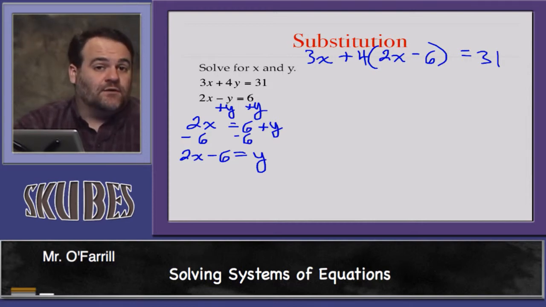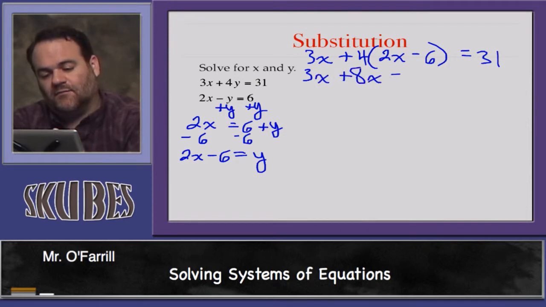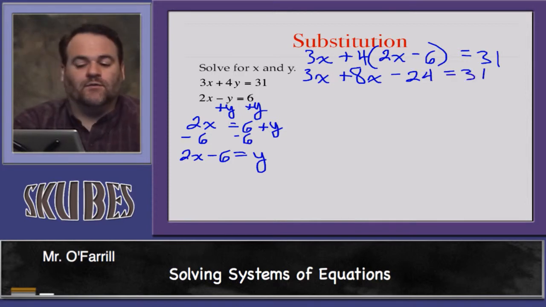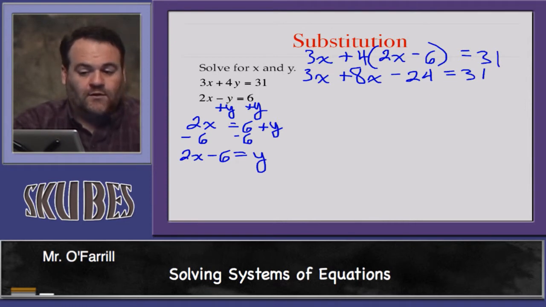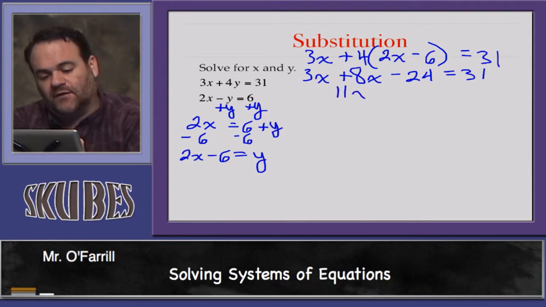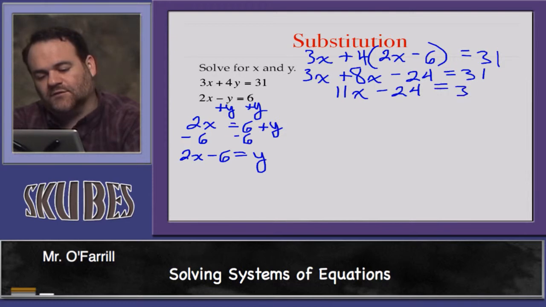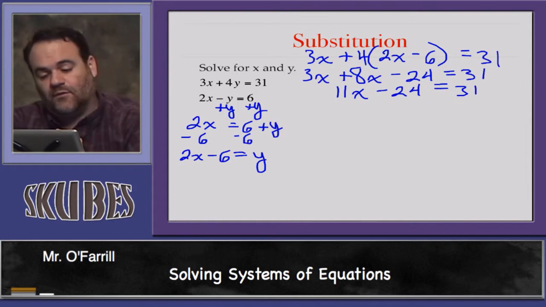First thing we'll do is use the distributive property to say that 3x plus 8x minus 24 is 31. Combine like terms. 3x plus 8x is 11x minus 24 equals 31. Add 24 to both sides.